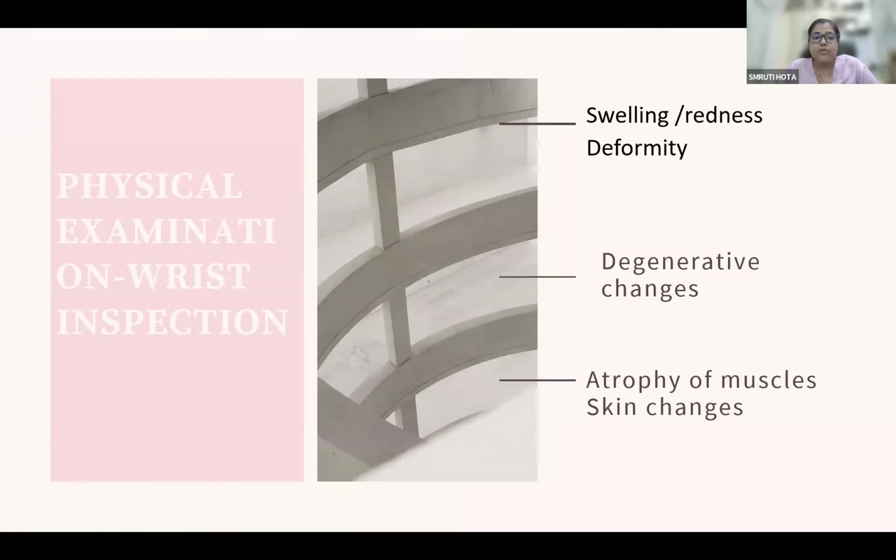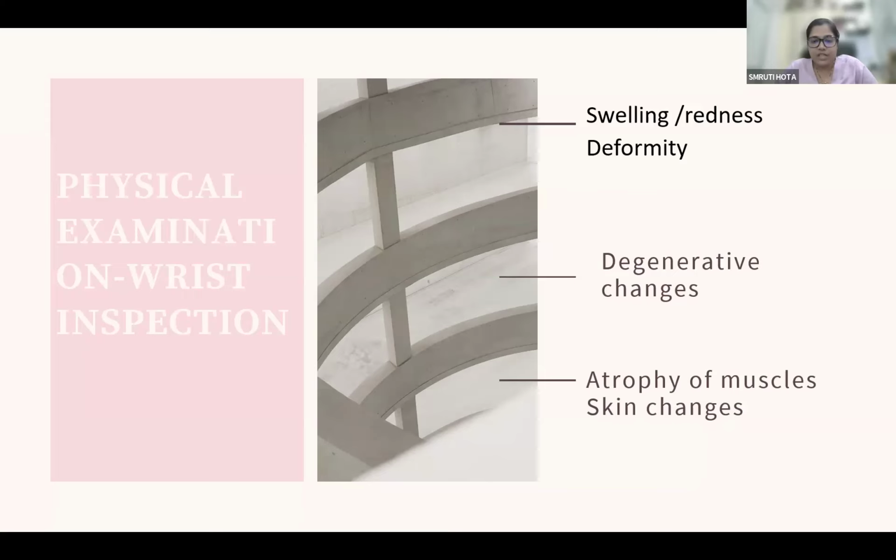Then coming to the physical examination, suppose in the wrist examination, how will you examine? If there is any swelling, redness, or deformity, it is seen usually in inflammatory arthropathy like rheumatoid arthritis. These are the very common findings in rheumatoid arthritis: small joint swelling, redness, effusion.